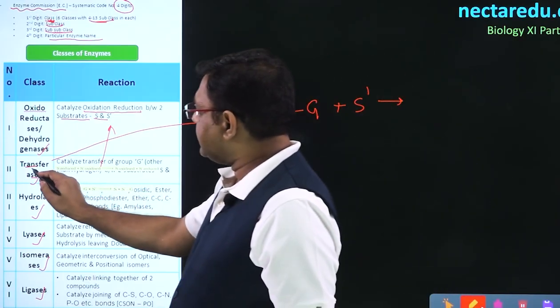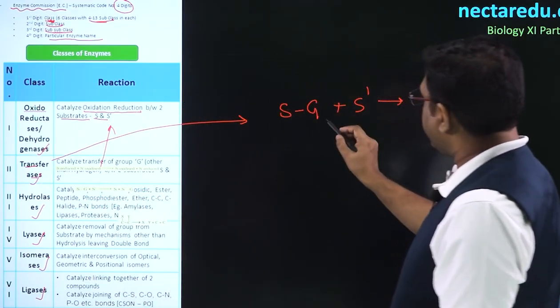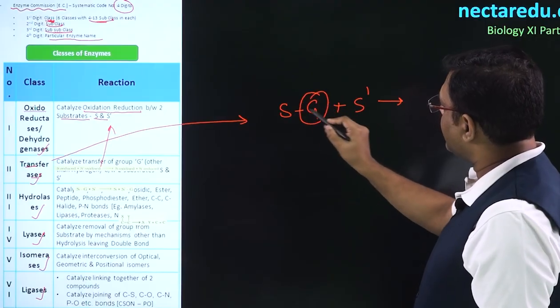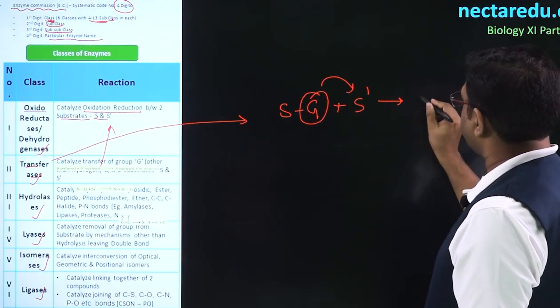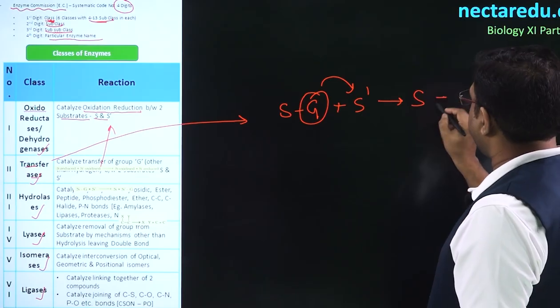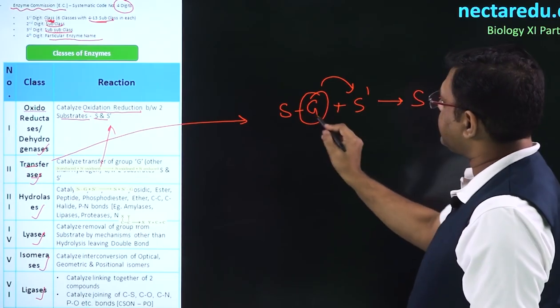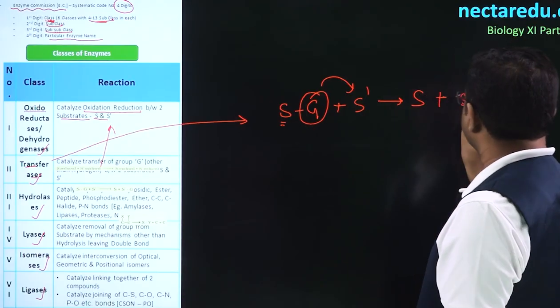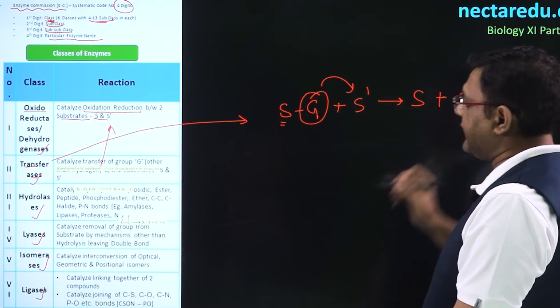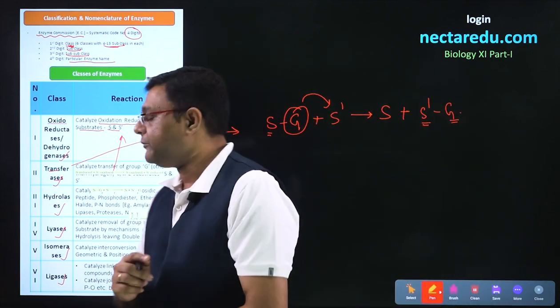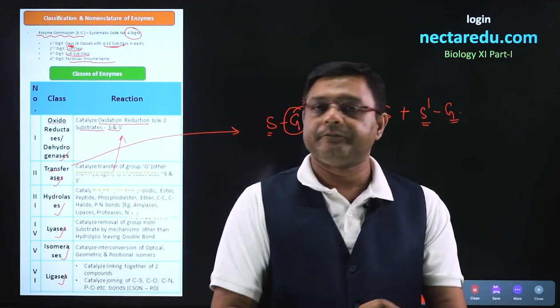What will these transferases do? They will transfer this group from S to S dash. So, now the reaction will be S plus S dash G. The group has transferred from substrate S to substrate S dash, and this is the reaction done by transferases.